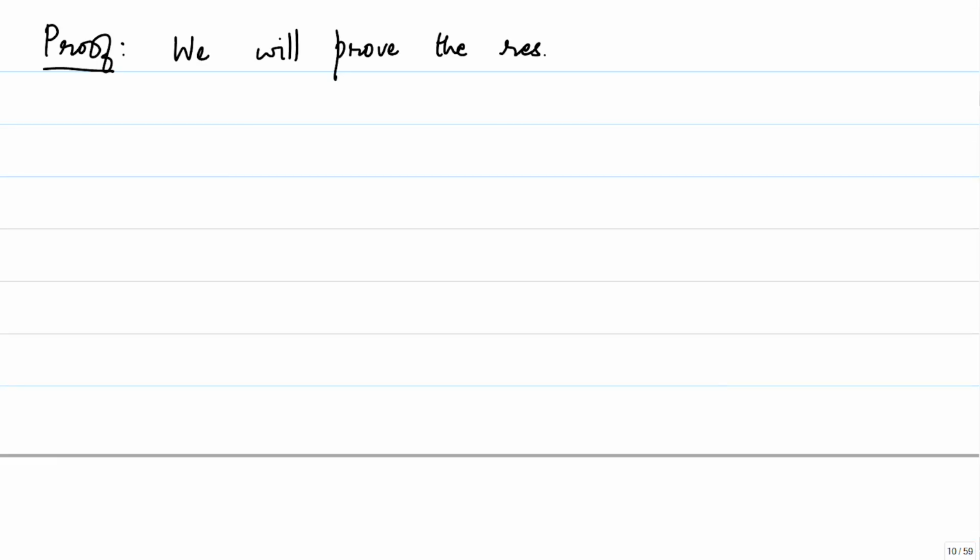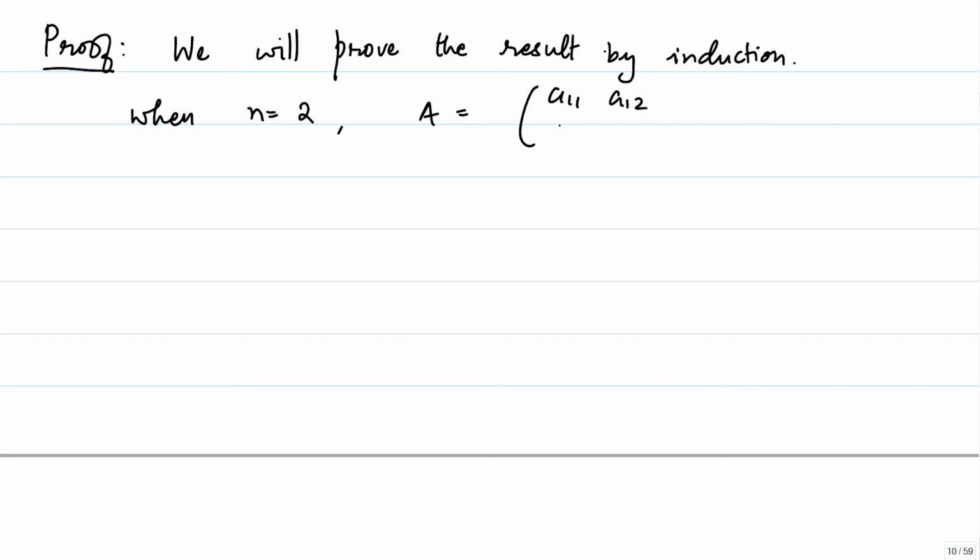So we'll prove the result by induction. To kickstart the induction, let's consider the case when n is equal to 2. So when n is equal to 2, what is our A? A is just going to be a11, a12, a21, a22. And what is our f of lambda?